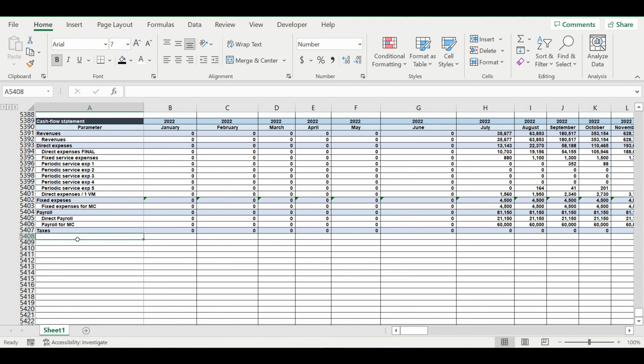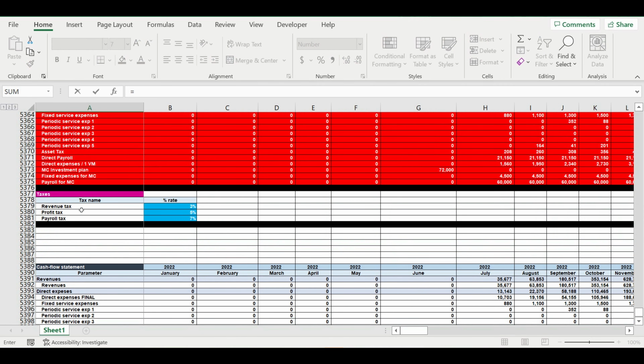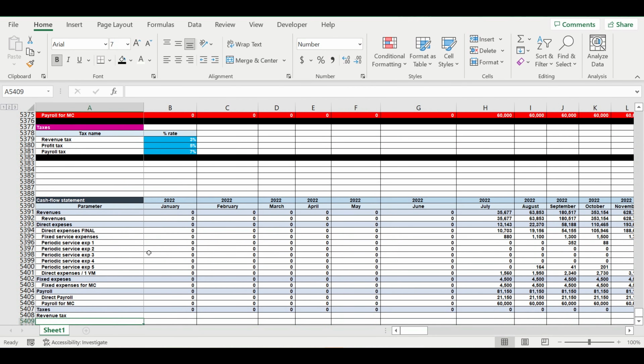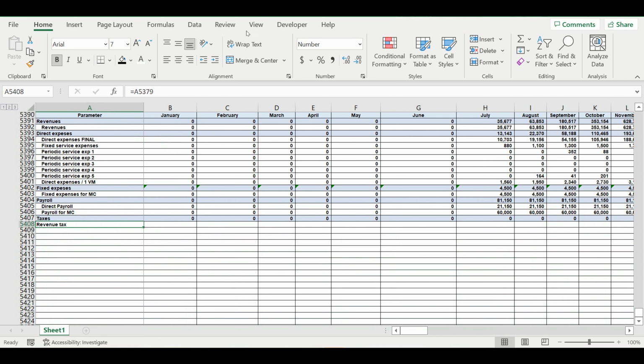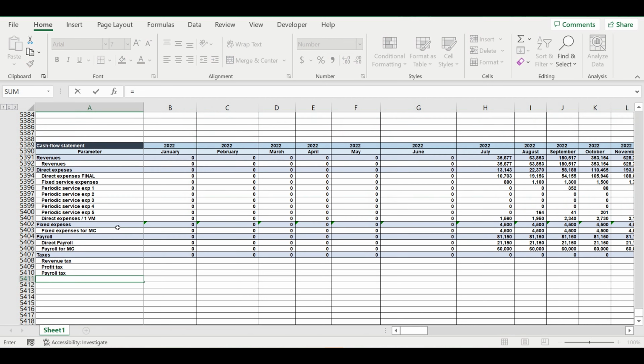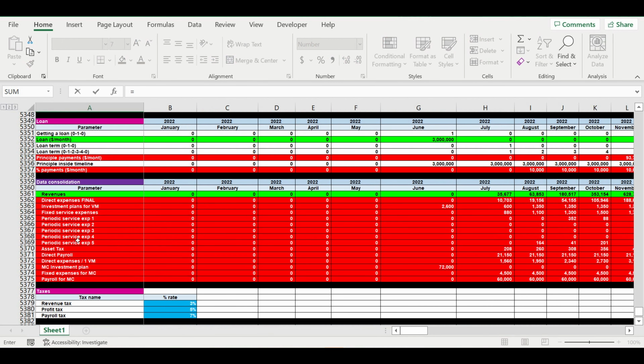So taxes we put here. Here I will put asset tax.